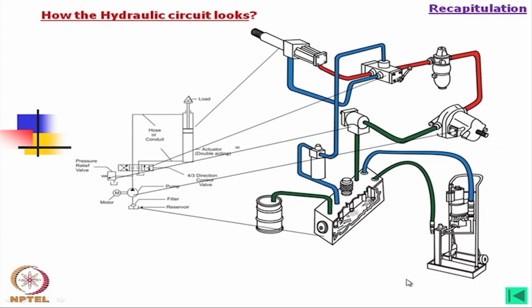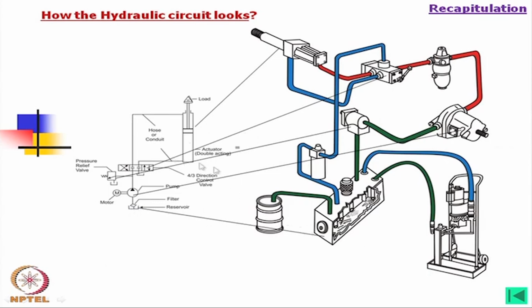Now, this is not a photographic view, it is again schematic, some 3D view we have developed. As you see, this is the actuator, it may look something like this, it may be different also, and then this is the direction control valve, and this is our pump, and this is the pressure relief valve, and this is the reservoir.